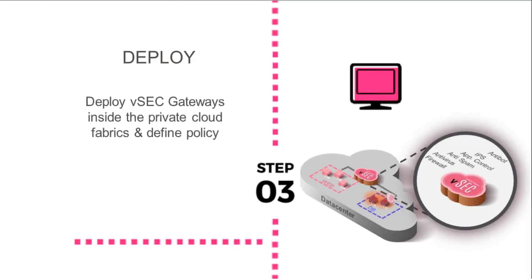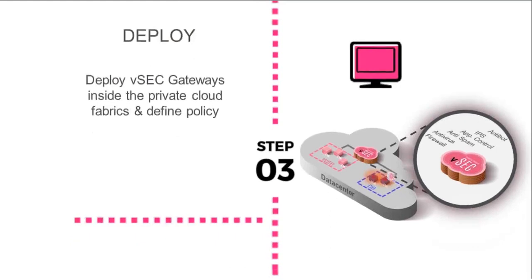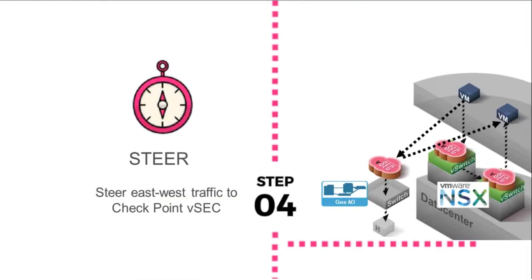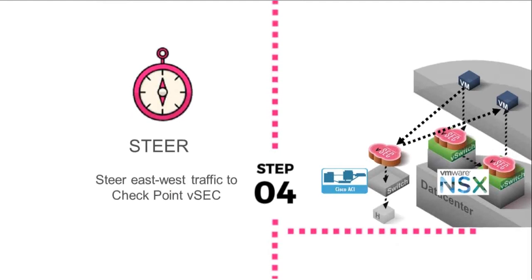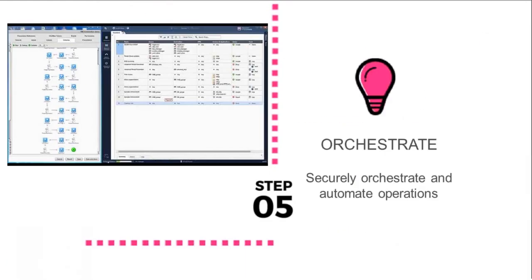The VSEC gateway lives inside of the hypervisor within our software-defined data center. Then, with step 4, we steer the east to west traffic to the Check Point virtual security gateway. And finally, we securely orchestrate and automate operations, examples being those I have already mentioned up until this point.